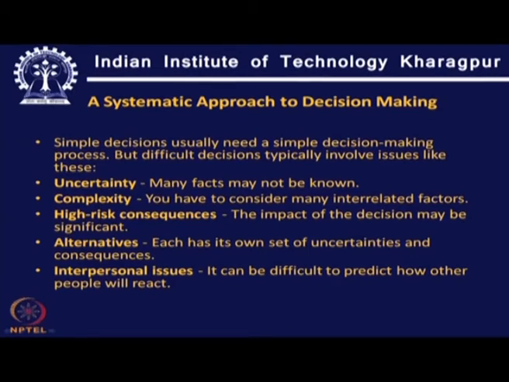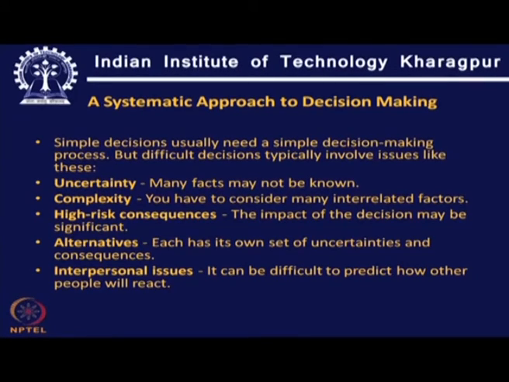A systematic approach to decision making deals with uncertainty, like many facts may not be known to us. Complexity, the decisions are very complex in nature. Then high risk consequences, like the impact of the decision may be significant.